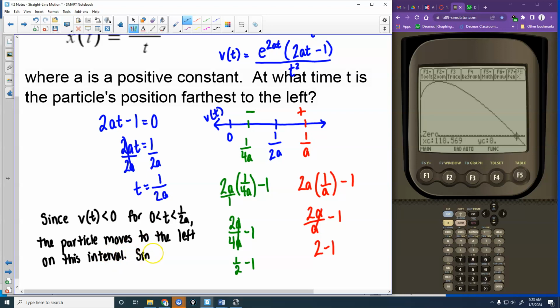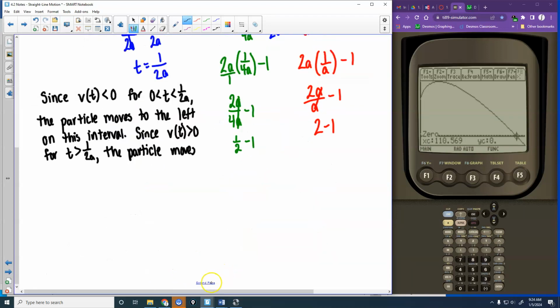Since v of t is greater than 0 for t greater than 1 over 2a, the particle moves to the right on this interval.